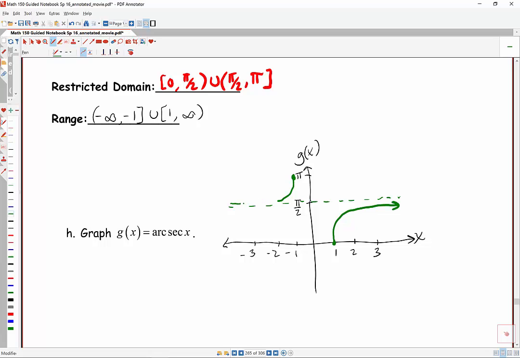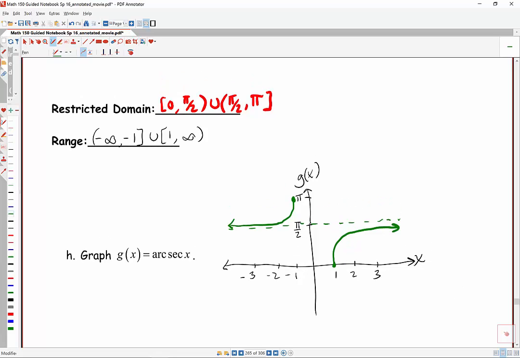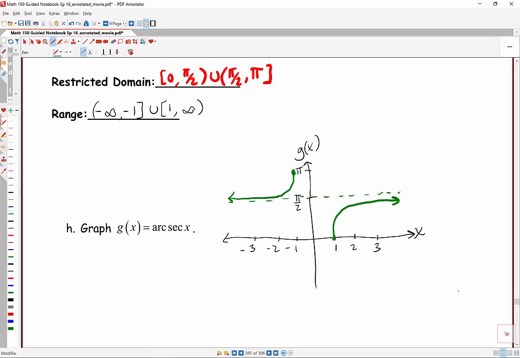Okay? So now, check this out. Do you see that the slope of this graph is always going to be negative, right? So g prime is always less than 0 on this one. Do you see that the slope on this graph is always positive?